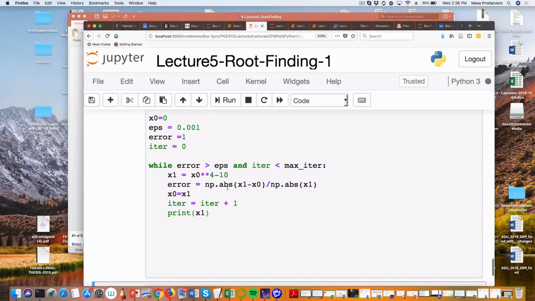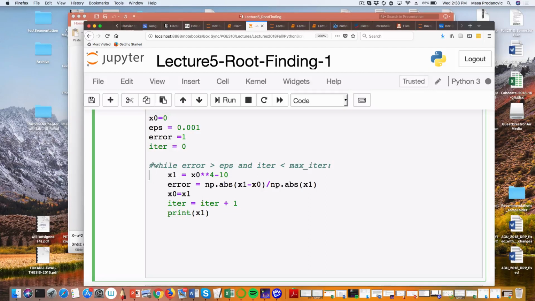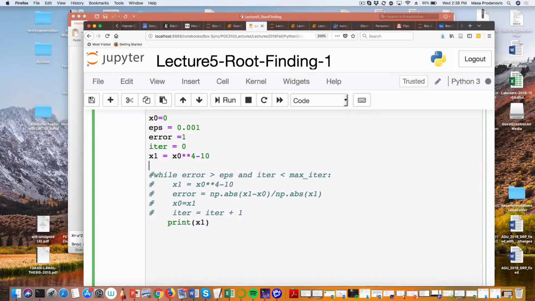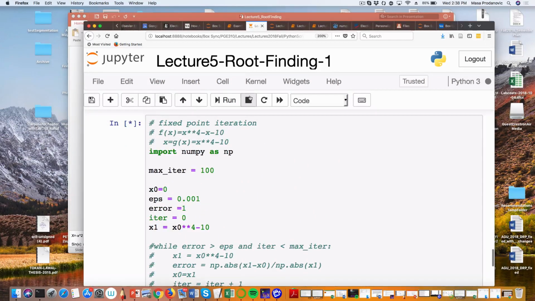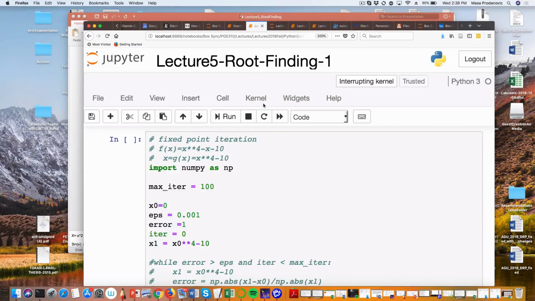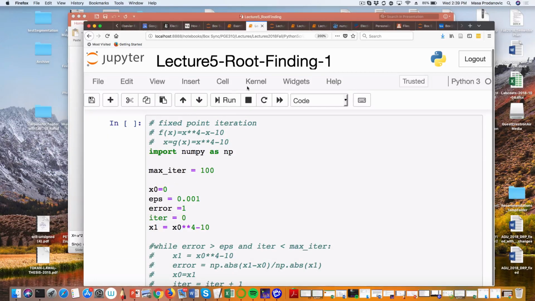Mine's doing the same thing. Doing the same thing? Yeah. Not even printing? I'm changing everything as you change it. It's doing the same exact thing. Step-by-step debugging. Okay, stop. Kernel.